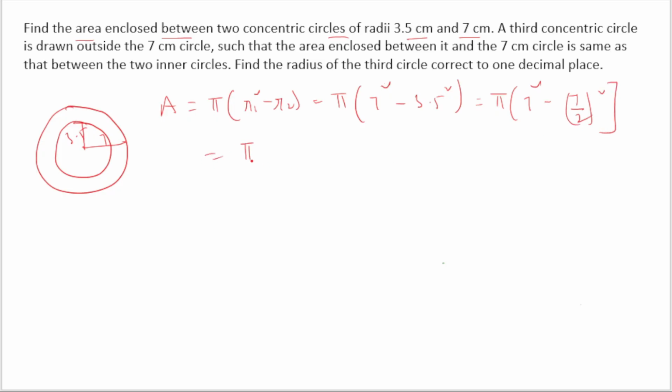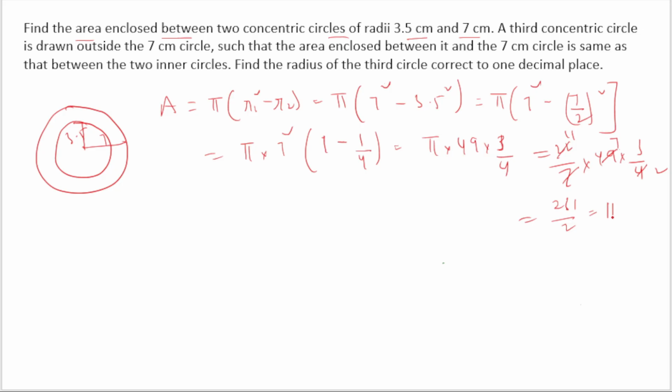If I take 7 square common, pi into 7 square into 1 minus 1 by 4. It is pi into 49 into 3 by 4. This is equal to 22 by 7 into 49 into 3 by 4. 7 into 7, and 2 into 11 is 22. So here you will get 7 into 3, 21 into 11 is 231 divided by 2 is 115.5. This is the area between these two concentric circles.